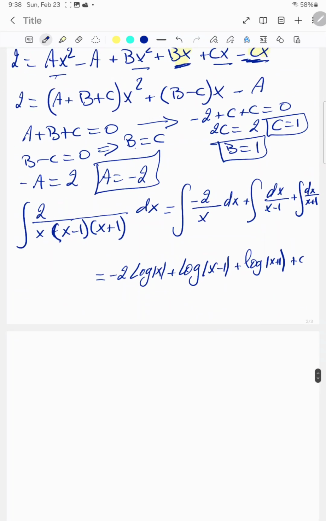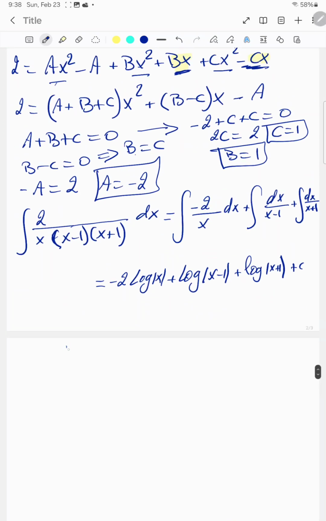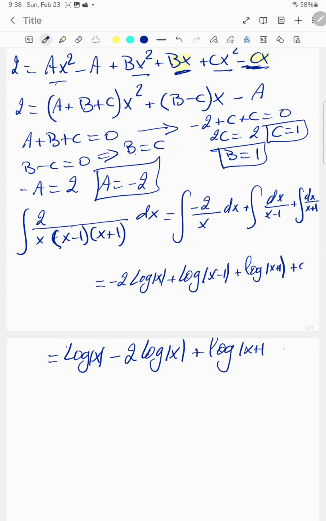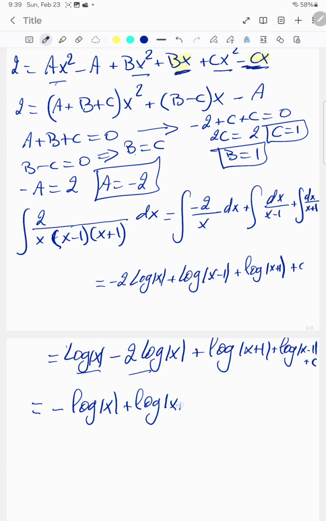So I would have, which is equal to log x minus 2 log x plus log of x plus 1 plus log of x minus 1 plus c. So I have log x minus 2 log x, it becomes equal minus log x plus log of x plus 1 plus log of x minus 1 plus c.